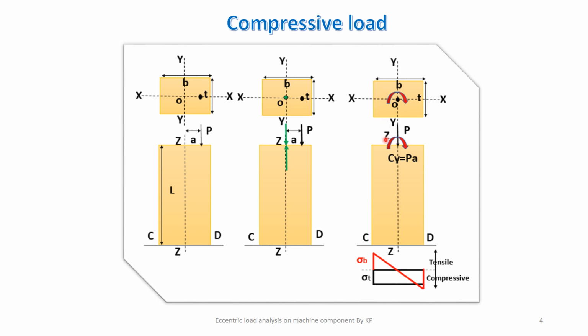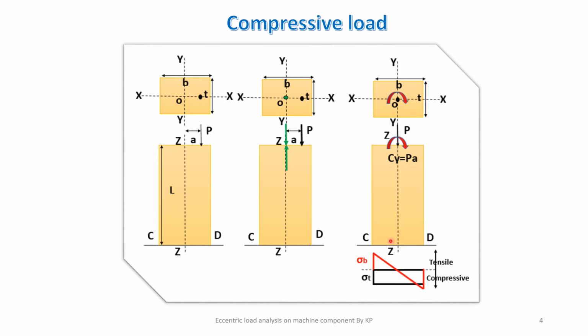So if we see the stress distribution, because of this direct load it is compressive in nature, so a compressive stress is produced which is uniform around the cross section. Suppose the height of this is sigma t, which is the same along the cross section, so it is uniformly distributed and compressive in nature.